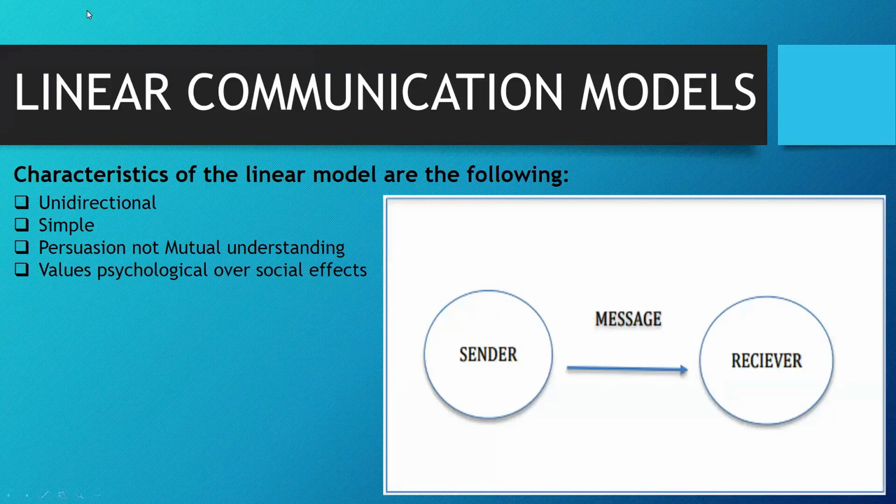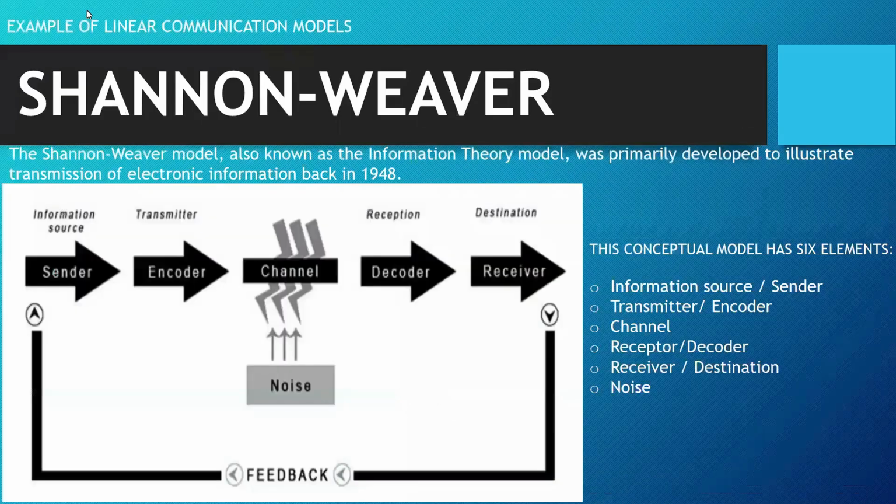Under the linear communication model, we have the Shannon Weaver model, just like what you can see here on your screen. According to this, the Shannon Weaver model, also known as the information theory model, was primarily developed to illustrate transmission of electronic information back in 1948. There are six elements.